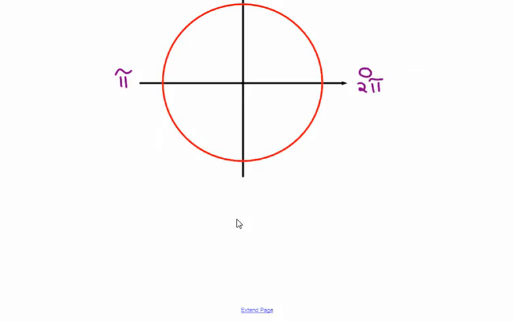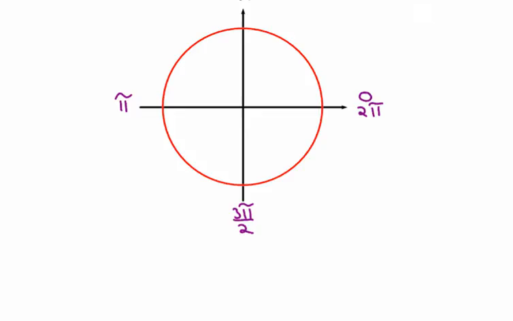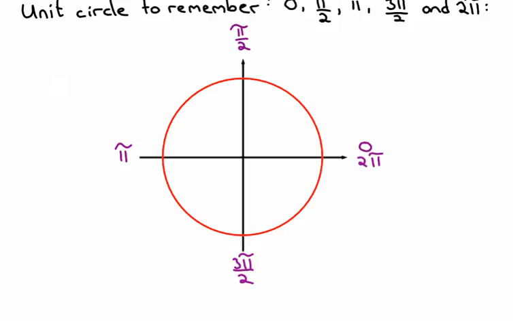And then lastly, we're going to have a look at 3 pi over 2. These are easy to remember on a unit circle. Now, a unit circle is a circle that has a radius of 1. If you're struggling to understand this idea of the unit circle, look back at the original video for the beginning of lesson 2, which is that Khan Academy video on the unit circle.